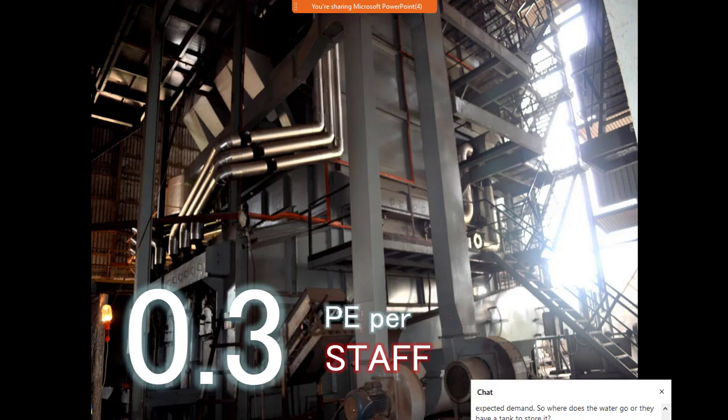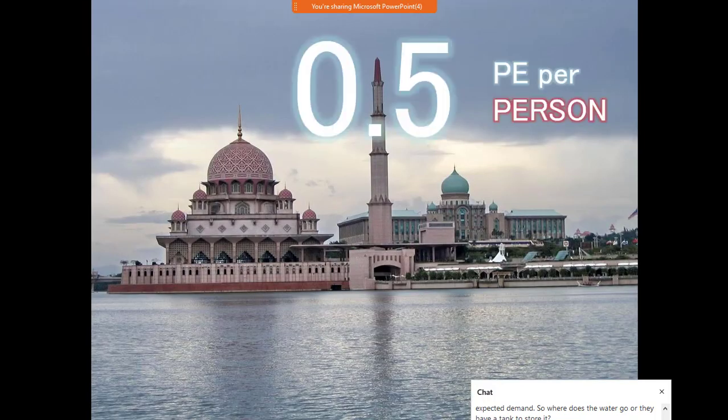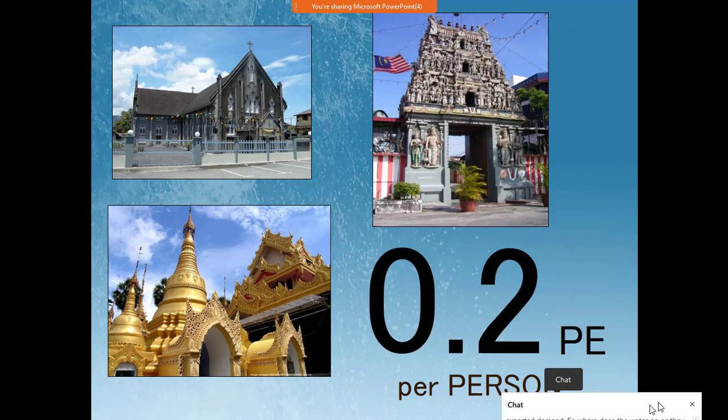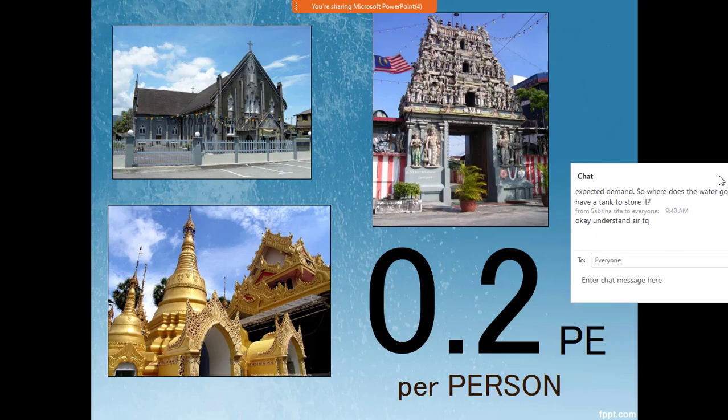It depends on the staff. For the masjid or mosque, it is 0.5 per person. For temples and other places of worship, it's counted as 0.2 PE per person.